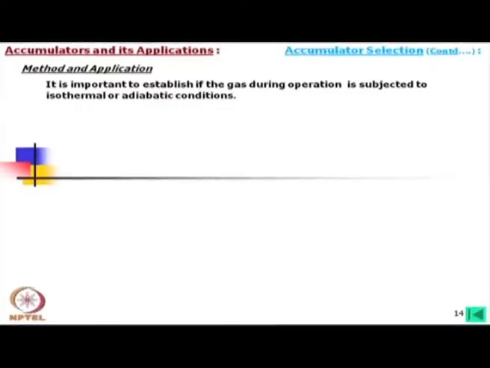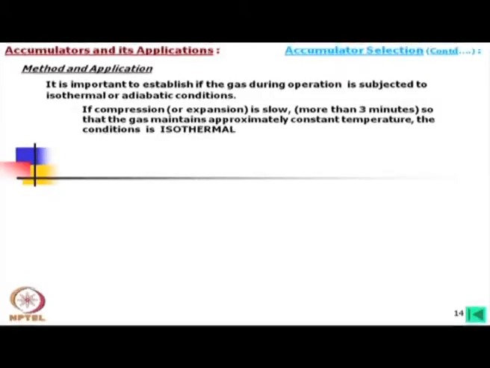Now, we have to look into the method and application. It is important to establish if the gas during operation is subjected to isothermal or adiabatic conditions. This is a thermal consideration we must make for accumulator selection. If compression or expansion is slow, more than 3 minutes, so that the gas maintains approximately constant temperature, the condition is isothermal.